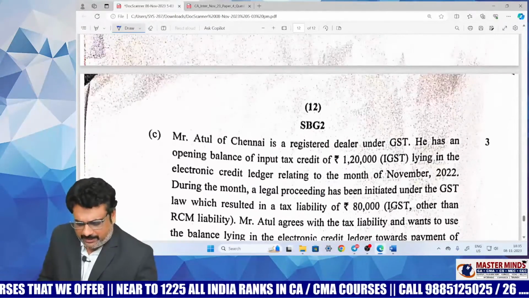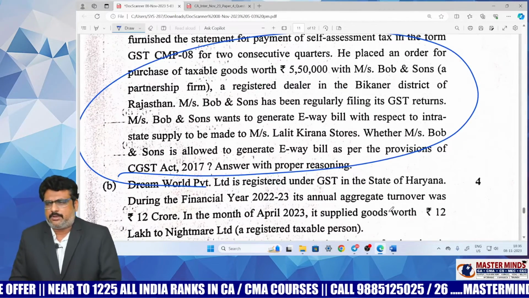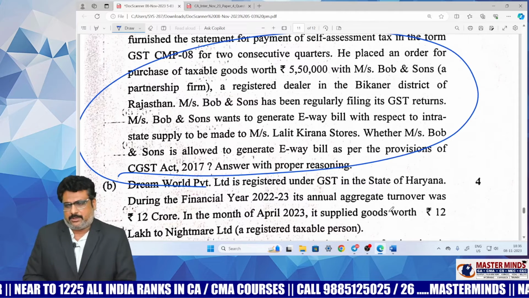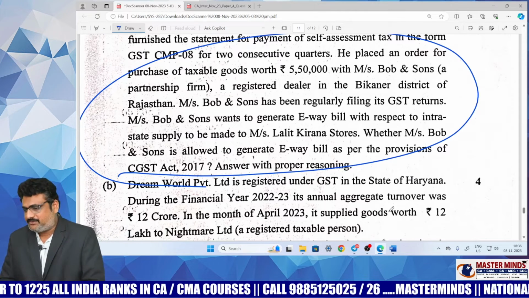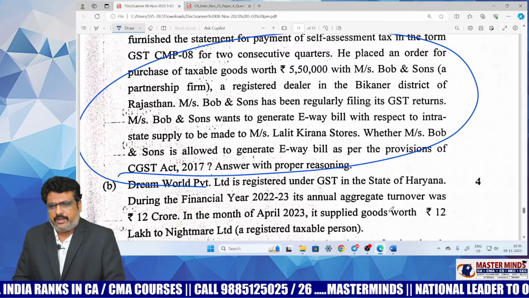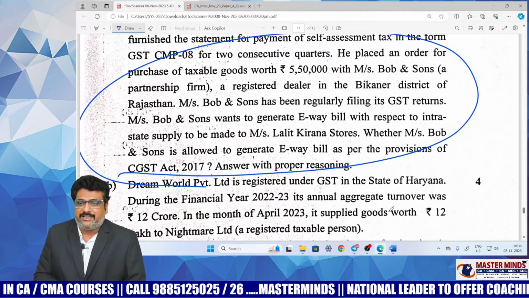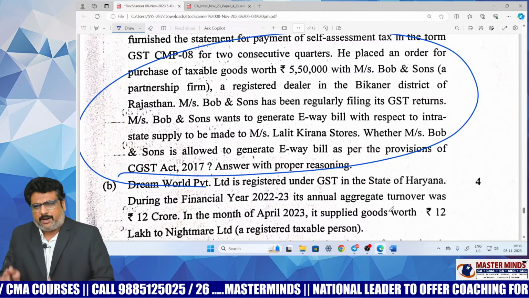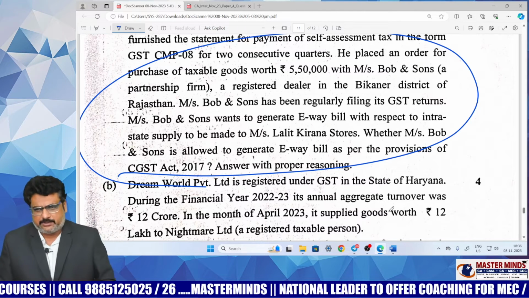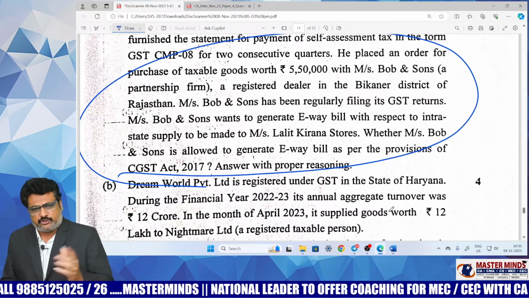As far as my opinion is concerned, if we rank papers as very easy, easy, hard, very hard, I put this particular question paper on easy. It is not very easy, but it was a 100% easy paper. If the student is able to study properly, he can answer these questions very well.